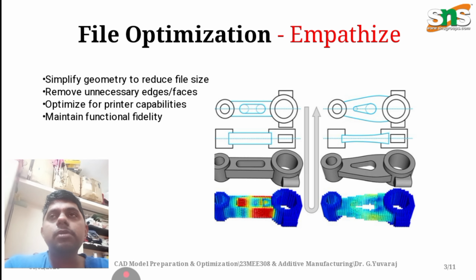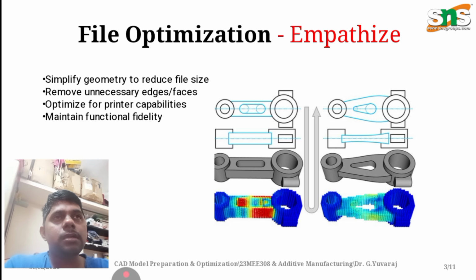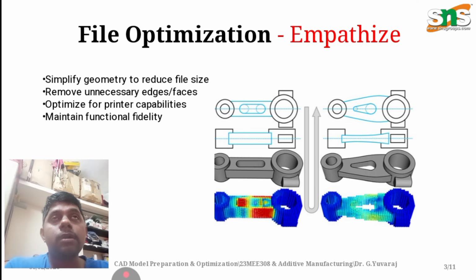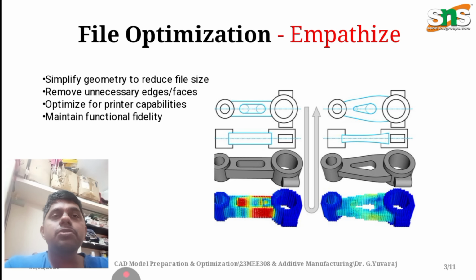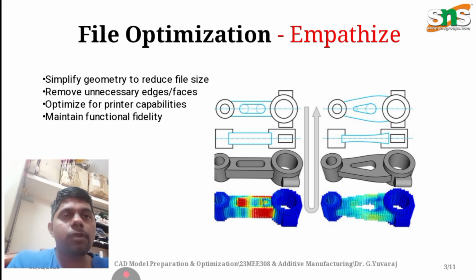It also has to maintain functional fidelity, whether the color ranges, shapes and inside layer-by-layer build are done properly or not. In this range we do the optimization, which is why we go for file optimization.